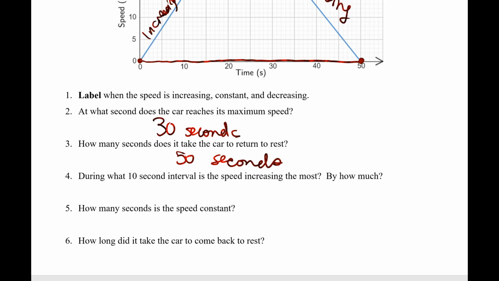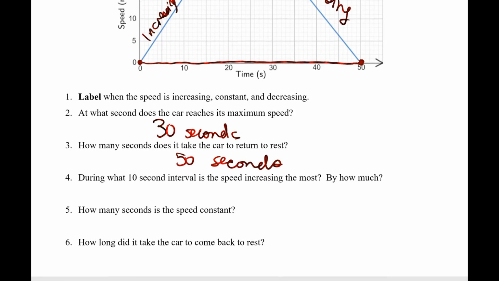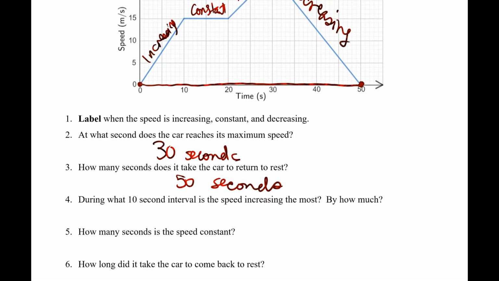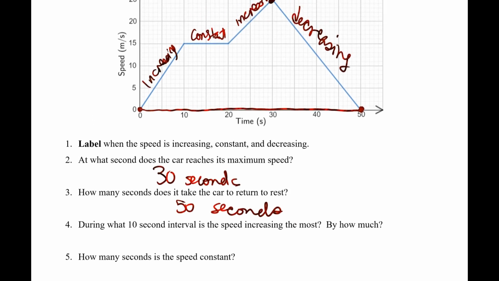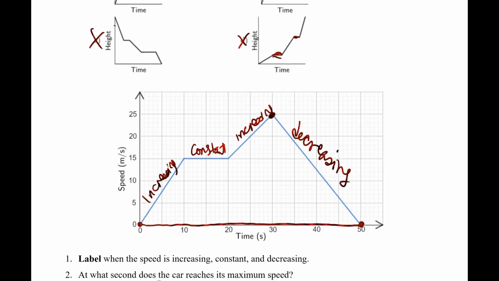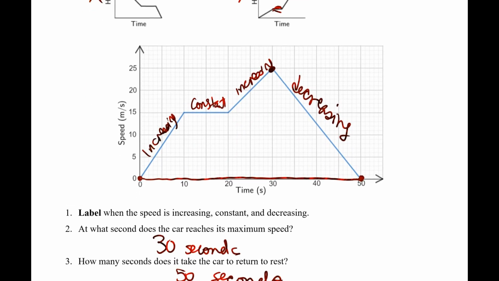During what 10-second interval is the speed increasing the most, and by how much? All right, so if it's increasing the most, the line is going to be steeper. It is clear that this part of the line right here is steepest.